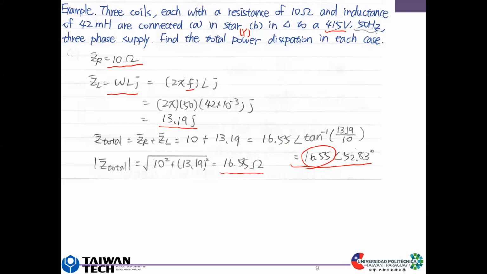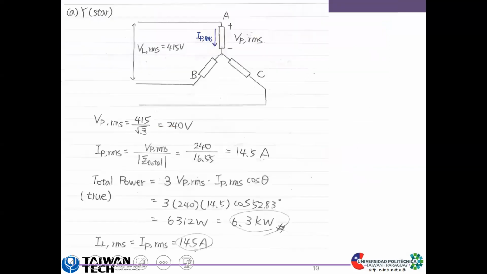For the star configuration, we draw the shape of the star configuration, and then we just need to calculate phase voltage and phase current, or line voltage and line current. So how about we look at phase voltage and phase current? Since it's Y configuration, it should have a virtual neutral line.